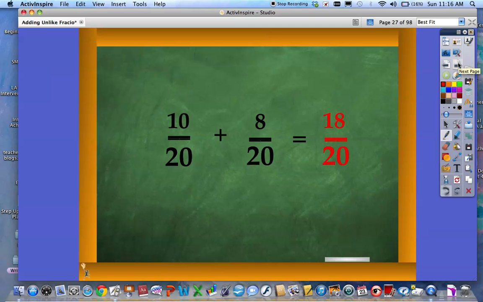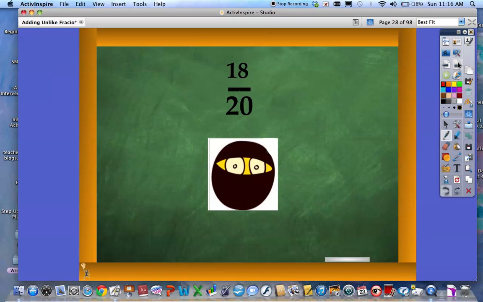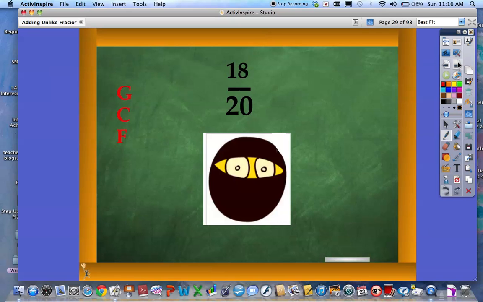And how do we do that? We do that, math ninjas, by finding the GCF. Do you remember what those letters stand for? The greatest common factor. What we're really doing here is working backwards. We multiplied to find the number of pieces that they had in common, okay? We multiplied the number of pieces in each of the wholes. We turned 5 pieces in a whole to 20 pieces.